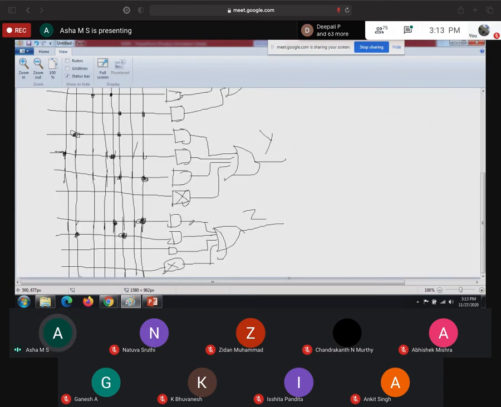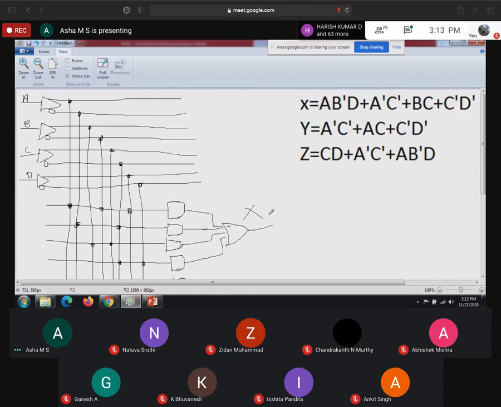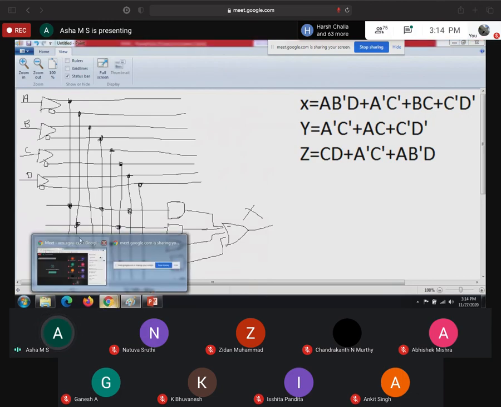Next, A, B bar, D. So the fourth AND gate is not used. Take these 3 product terms and OR them together to get Z. So this is how your PLA structure looks. Is this clear? Any doubts?